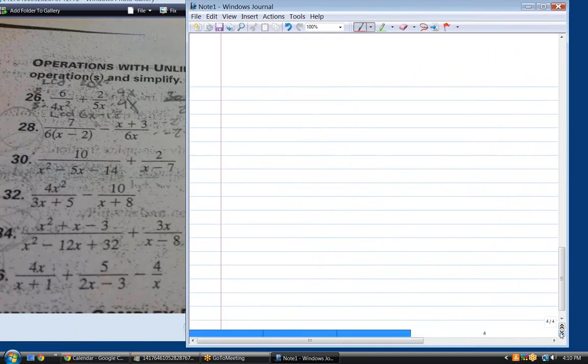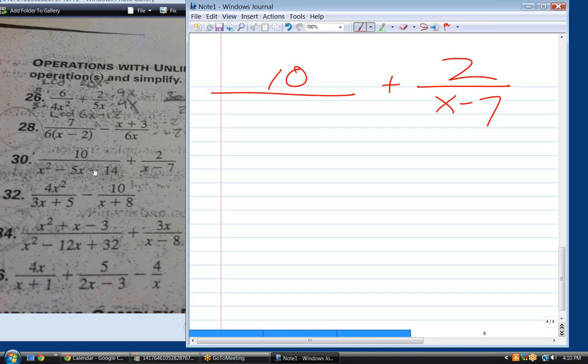Now, most of these, you can bet that when you have a quadratic in one of them, factor that. One of those factors is going to be x minus 7. So let's rewrite it in factored form. What does this quadratic factor to? X minus 7, x plus 2.